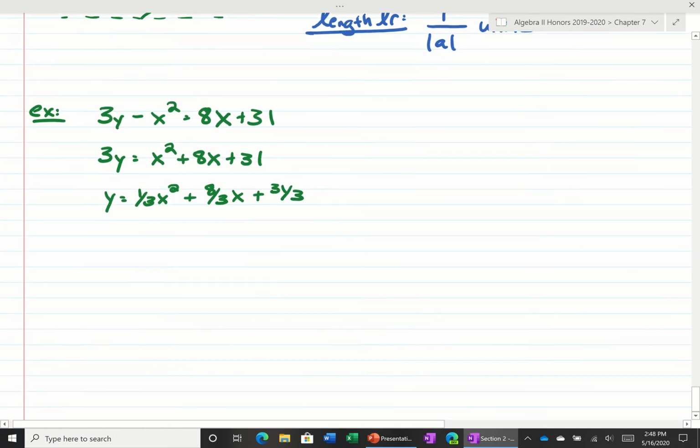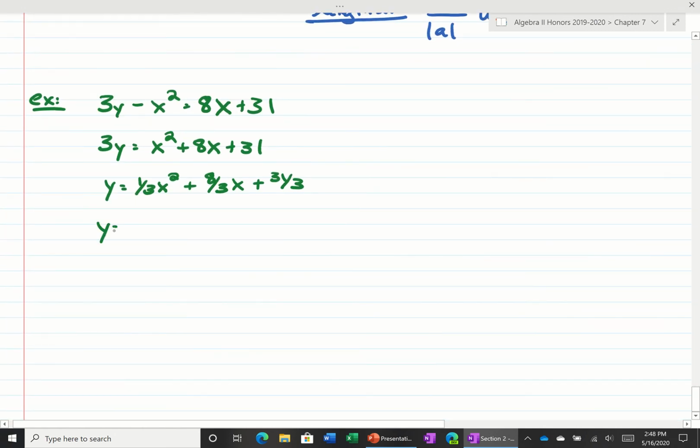And now we could go ahead and complete the square to get it into vertex form. So I'm going to separate the x's. Take out the 1/3. You could review your notes from section 7.2 if you forget how to do this stuff.